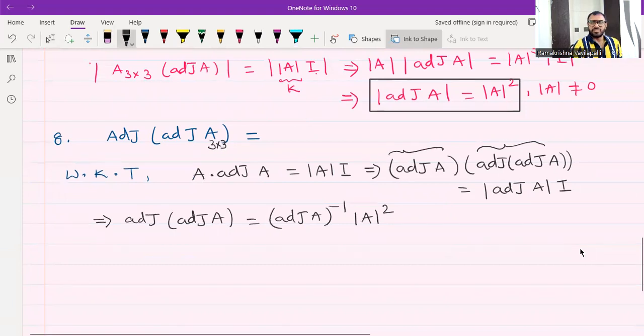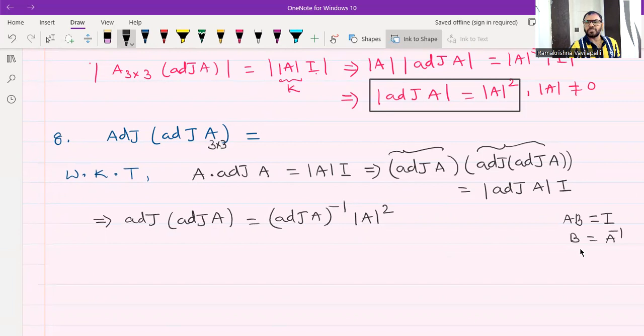Now, so here I'm writing a few things that AB equal to I. AB equal to I means you can write directly B equal to A inverse. AB equal to I means B equal to A inverse. That I wrote here. Now, what is adjoint of A whole inverse?